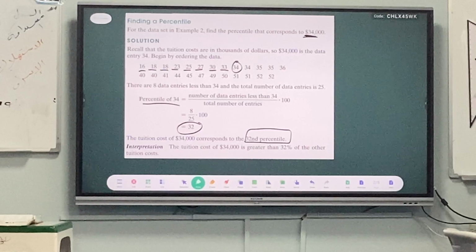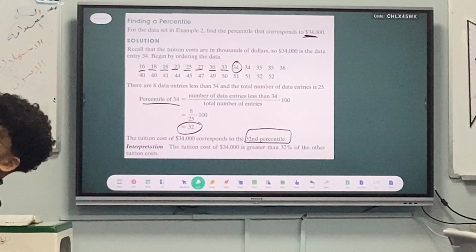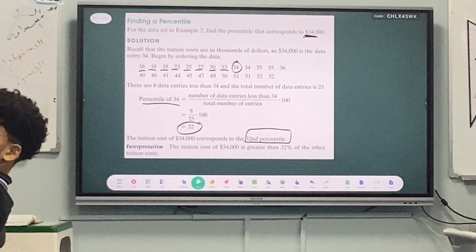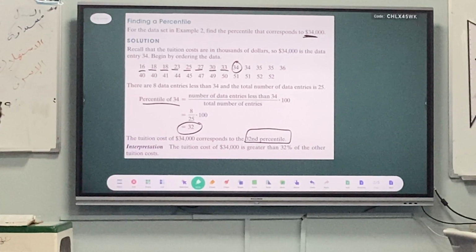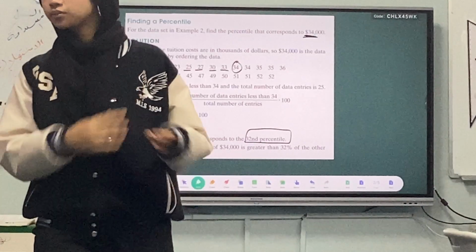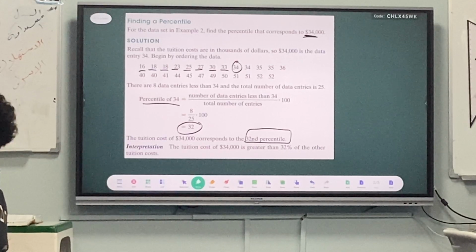What does it mean? Shouldn't it be higher? 34 is the 8th entry, but 34 is not included.